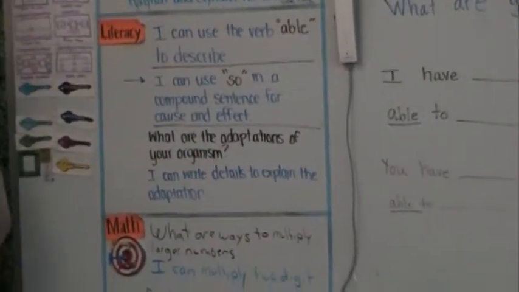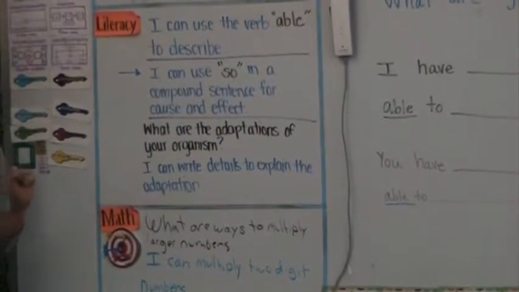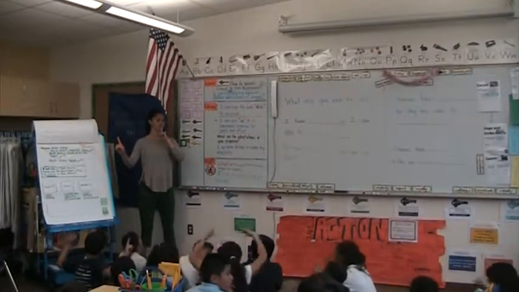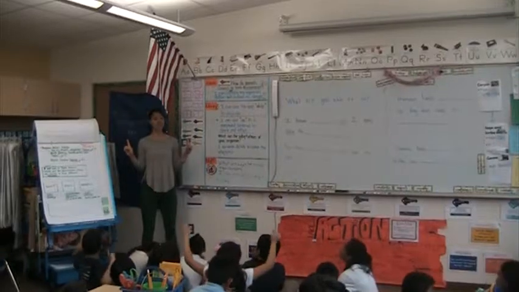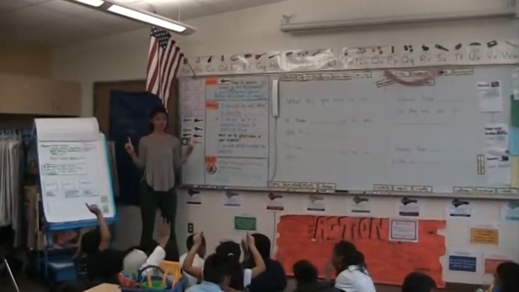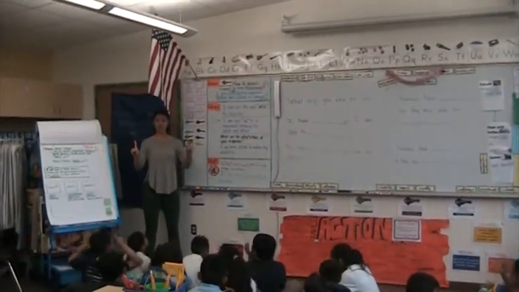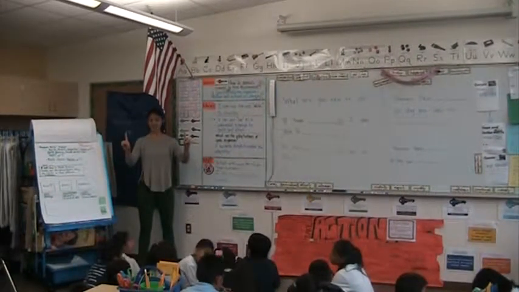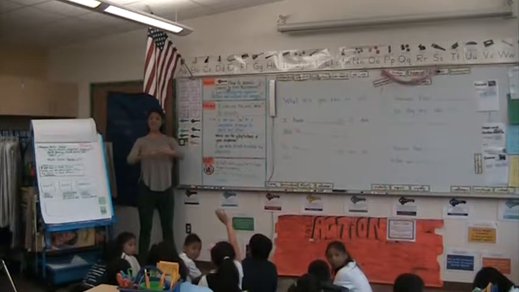Show me what a compound sentence looks like. One idea, two ideas. Okay, I'm going to pick on a quiet principled friend. Daniel Marquez, why do we use two fingers? Two ideas. A compound sentence is two ideas. And what connects them?